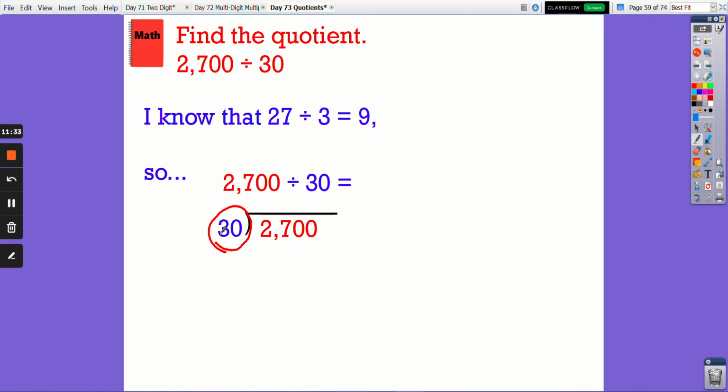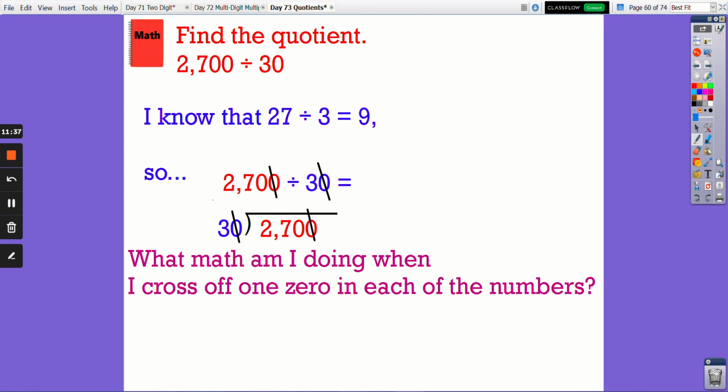But what do we know about this 30? We can cancel out some zeros. So our goal is to get our divisor into a single digit, that would be awesome. But we have to think about keeping the same value.